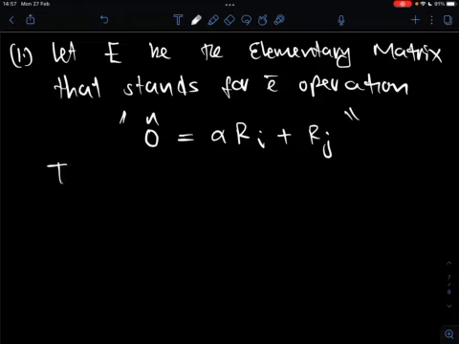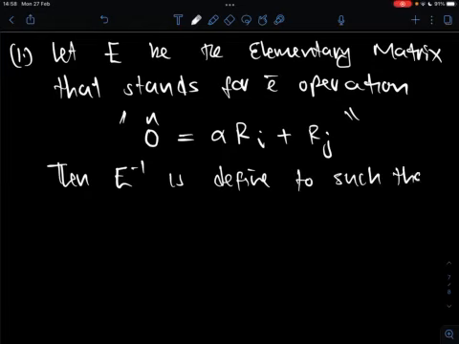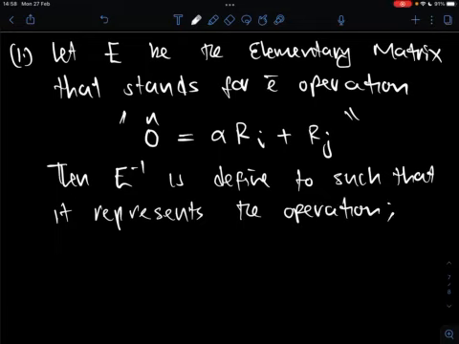Then E inverse is defined to be such that it represents the operation O bar hat. So every time E stands for operation O, the inverse will represent the operation which we denote as O bar, with a hat to mean operation.